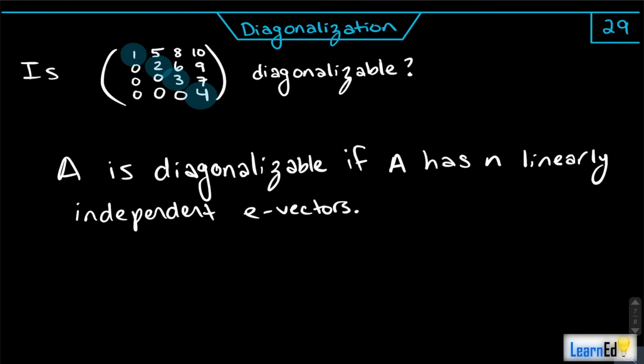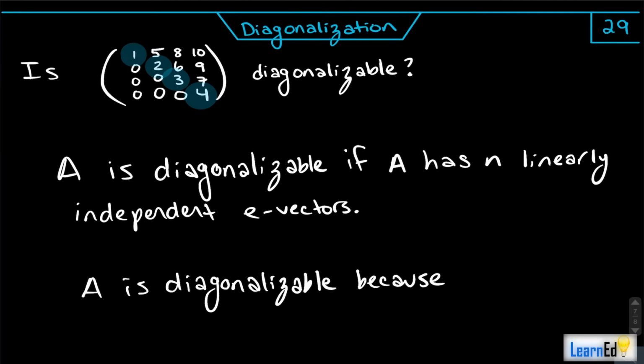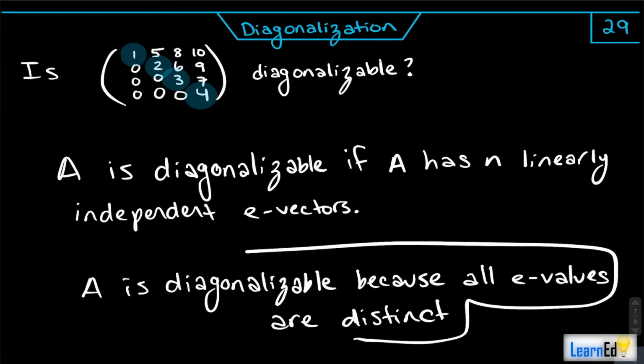So you can say that this matrix is diagonalizable because your eigenvalues are distinct. As a quick note, if that didn't resonate too much with you, don't worry, because we're going to be doing another problem on diagonalization right now.